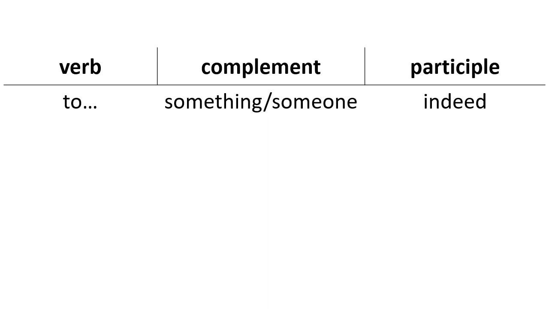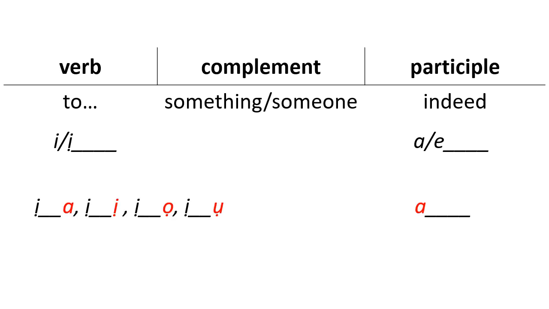The participle is almost identical to the main verb. The only difference is the prefix. Igbo verbs in the infinitive form start with i or ị. Participles start with a or e, depending on the vowel at the end of the verb stem. If the main verb ends in a, ẹ, o, or ọ, then the participle starts with a.